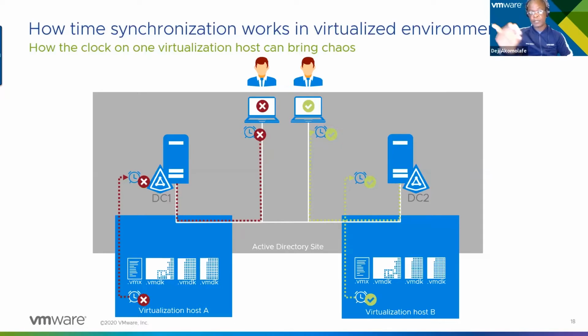When that user tries to authenticate, and if that authentication request goes to DC2, DC2 will not be able to process that because the time is off. This is one of the reasons why we are going to spend time talking about time synchronization in a virtualized Active Directory environment. And this is important because it's one of the most common issues administrators encounter when virtualizing domain controllers.